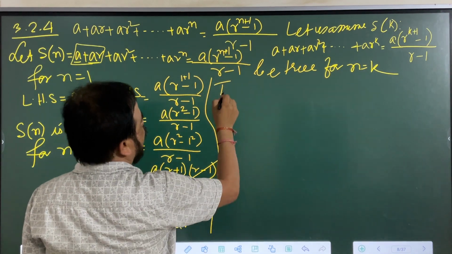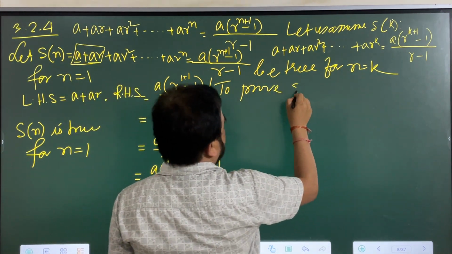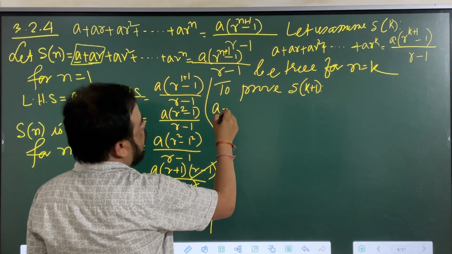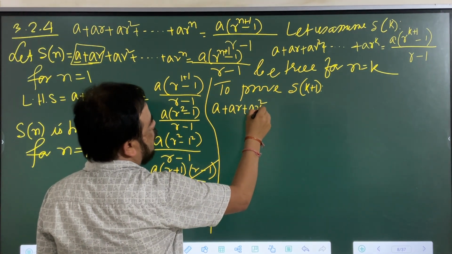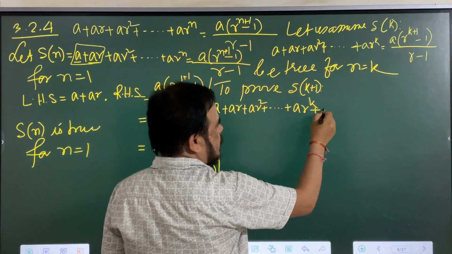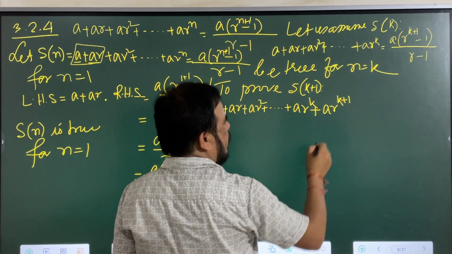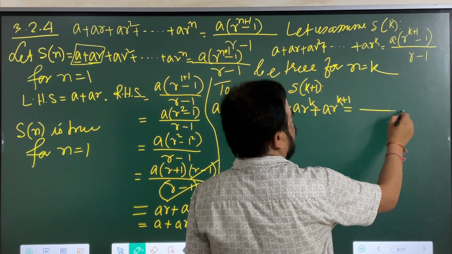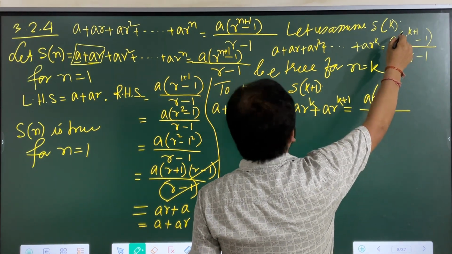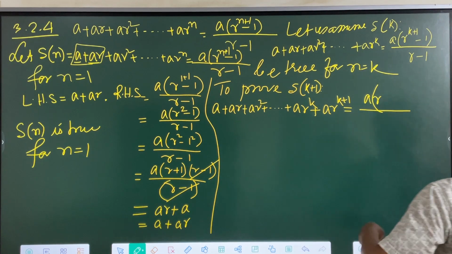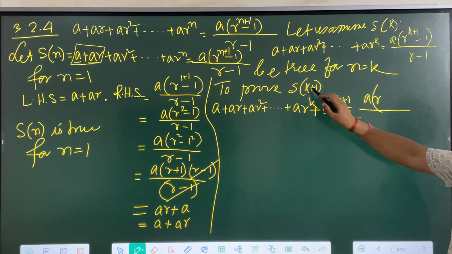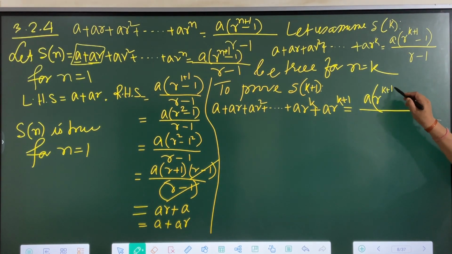Now to prove Sk plus 1, here I will write a term: A plus AR plus AR square plus ... AR to the power k plus AR to the power k plus 1 equals A R to the power n plus 1, n means k plus 1, plus 1.